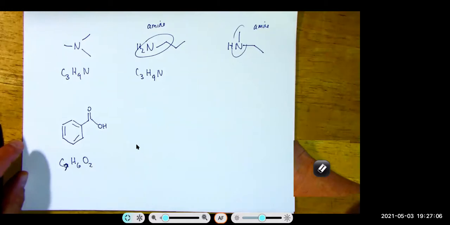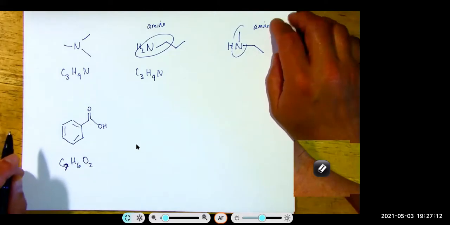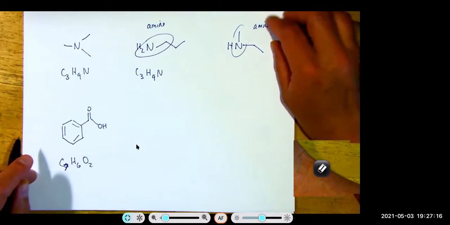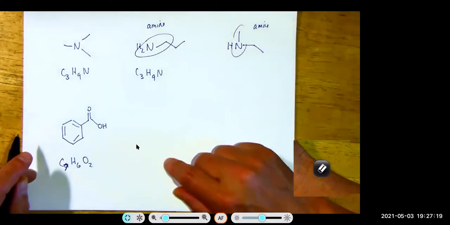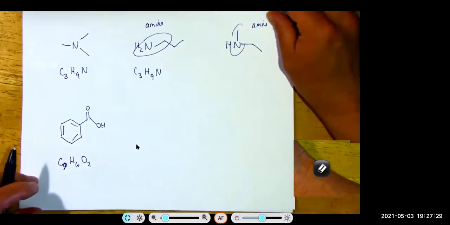Well, could we change the cyclic one to 6? We could certainly try that. That's what I would start with. Or we could try to make it a pentane instead with a methyl?